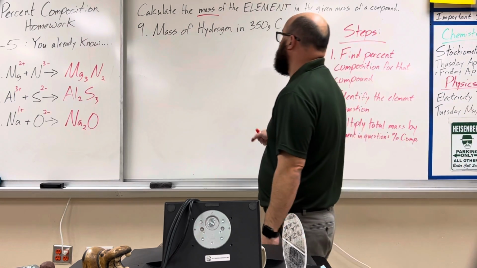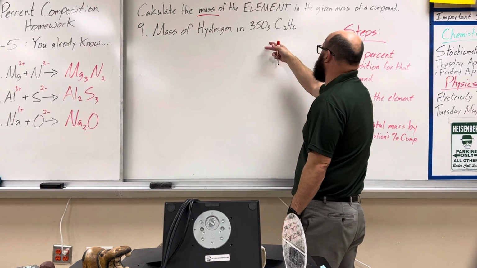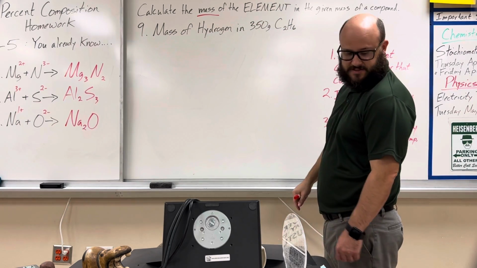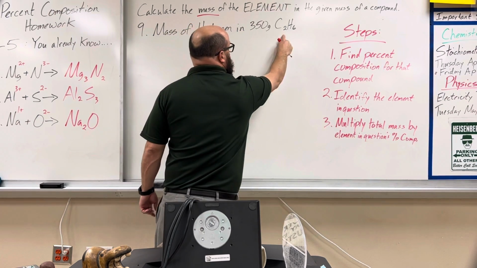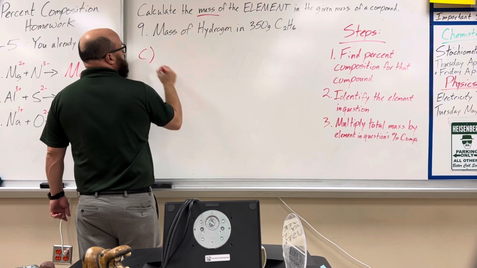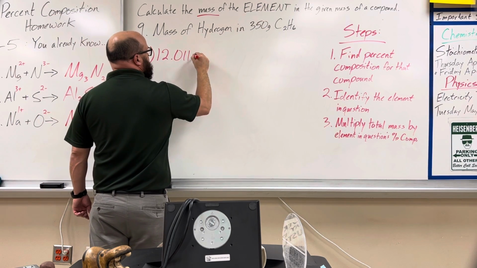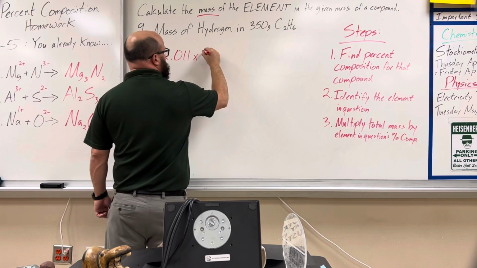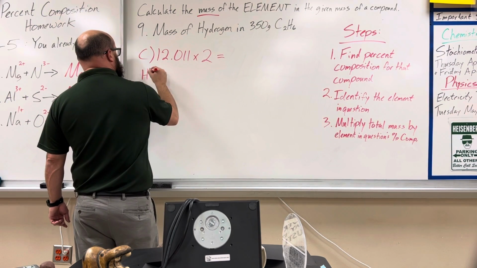Let's do an example. The mass of hydrogen in 350 grams of C2H6. Now, what we come to first, we got carbon. Carbon's mass is 12.011. We've got 2 of them. And then we've got hydrogen after that.